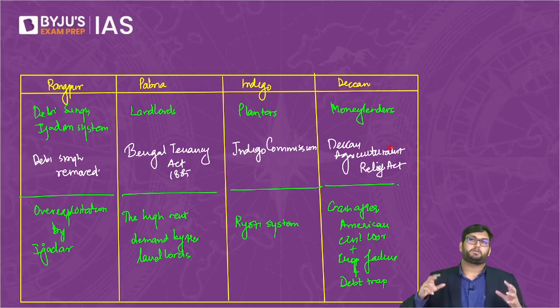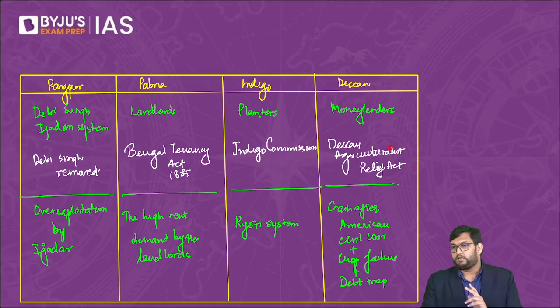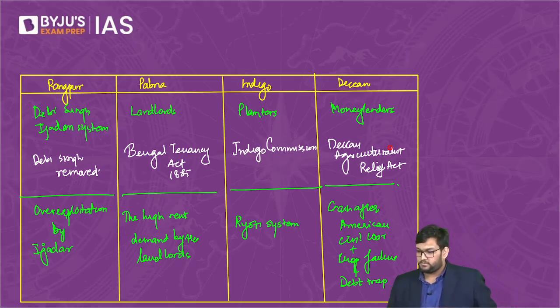And therefore, it is during the mid 19th century, late 19th century, that the peasants rebelled against the colonial exploitation. However, they were not able to understand the larger picture of colonialism. So I've just given you the basic context. That's it. You just have to write the context, right? You're getting my point.